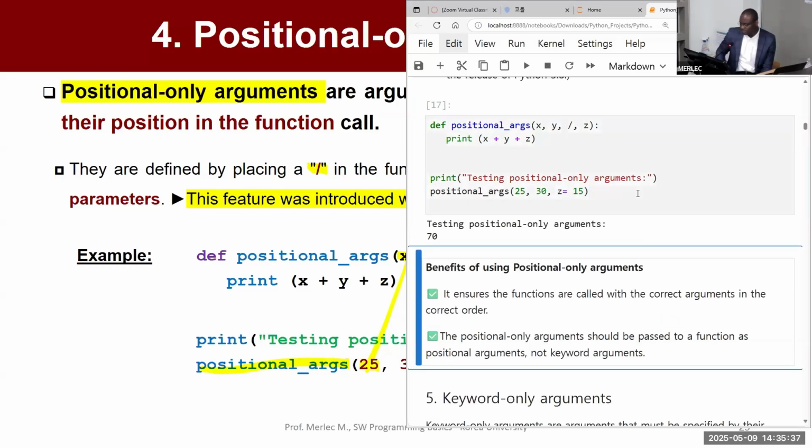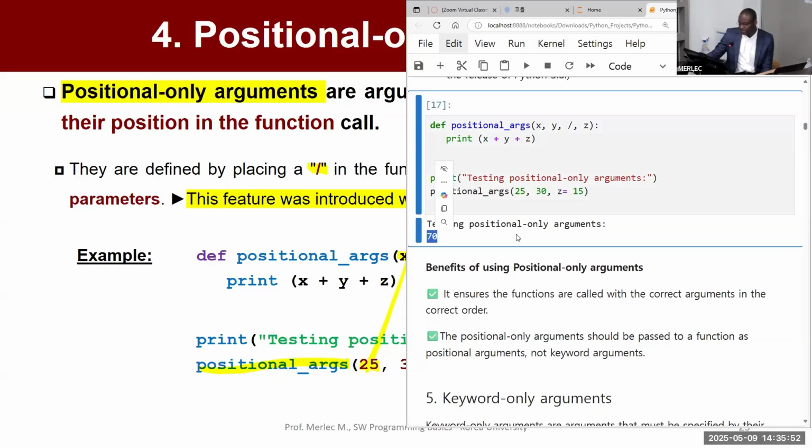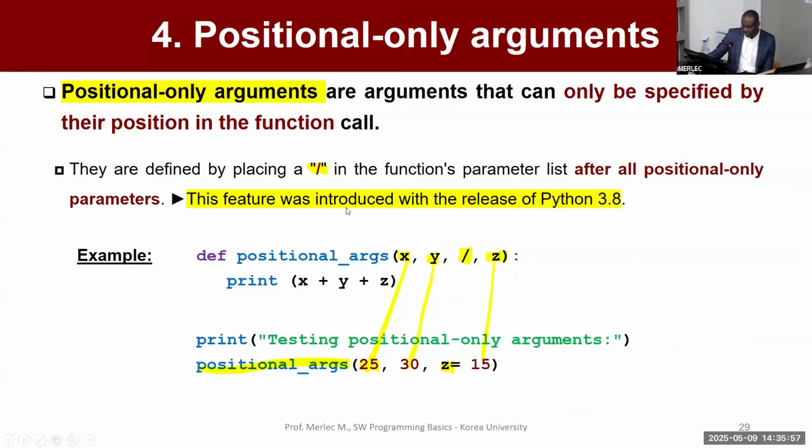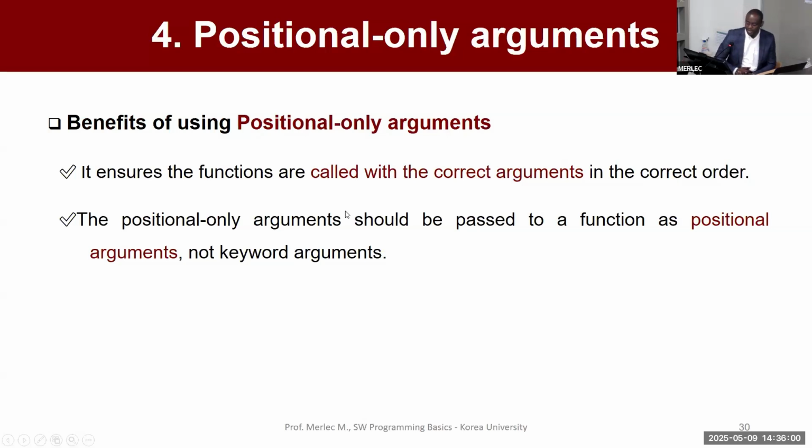Then when I run this, you will see it will take x, y, and z, and give back the result of the expression x plus y plus z, which will be 70. So this is a particular case for the positional arguments.